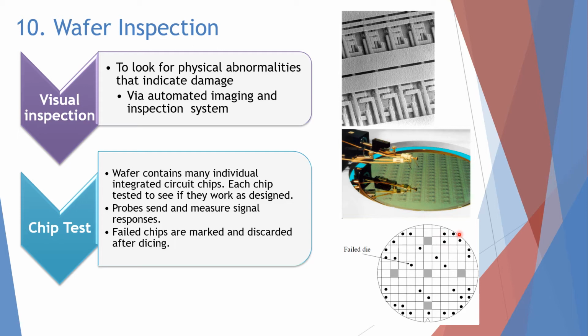The computerized machine tests each individual integrated circuit chip here, and if it fails, it will create a dot on it so that it will be discarded after the dicing process.